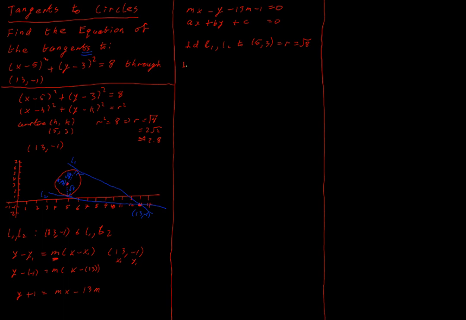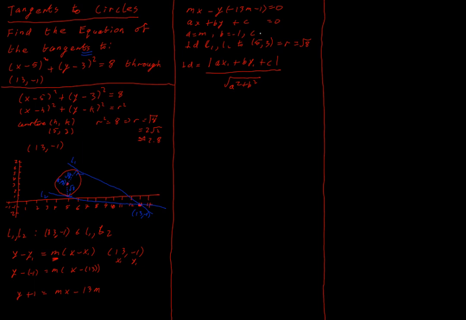So I'm going to write down my perpendicular distance formula, which is given to us in our log tables. And I know that A is equal to m, B is equal to -1, and C is everything that is not a coefficient of x and y.